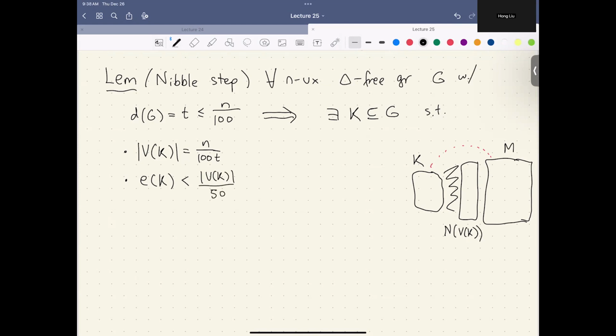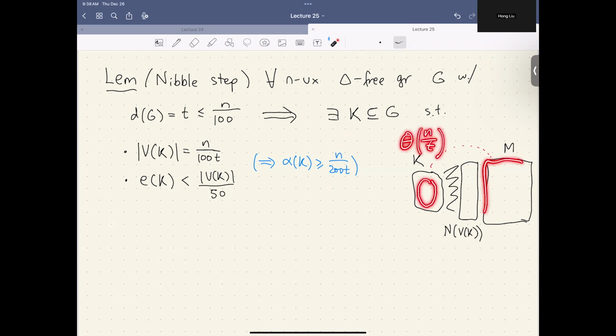So these two together imply that in K alone, we can find an independent set of size, let's say, half of its vertices. So this is the nibble step. Every time, we can find an independent set linear in n over t, and repeat this inside M. We're going to do this log t times.